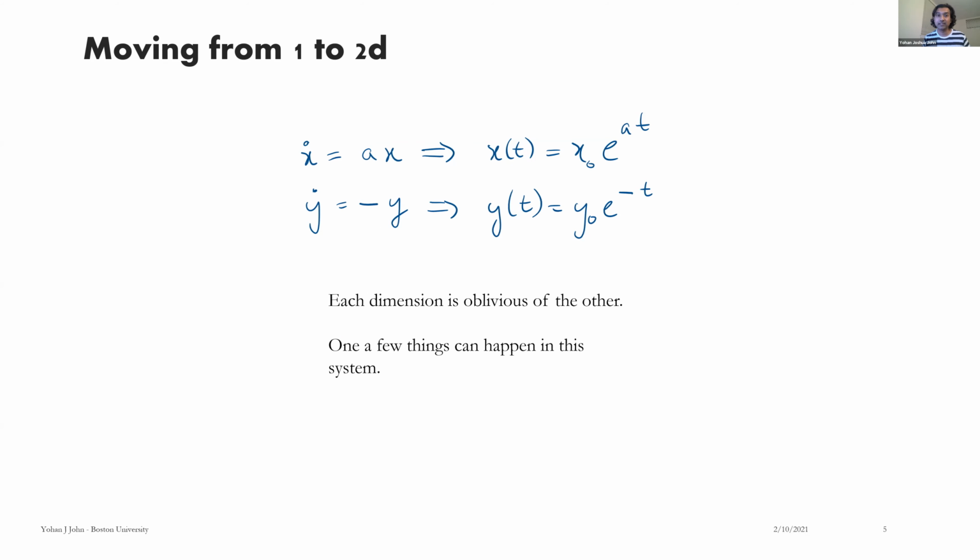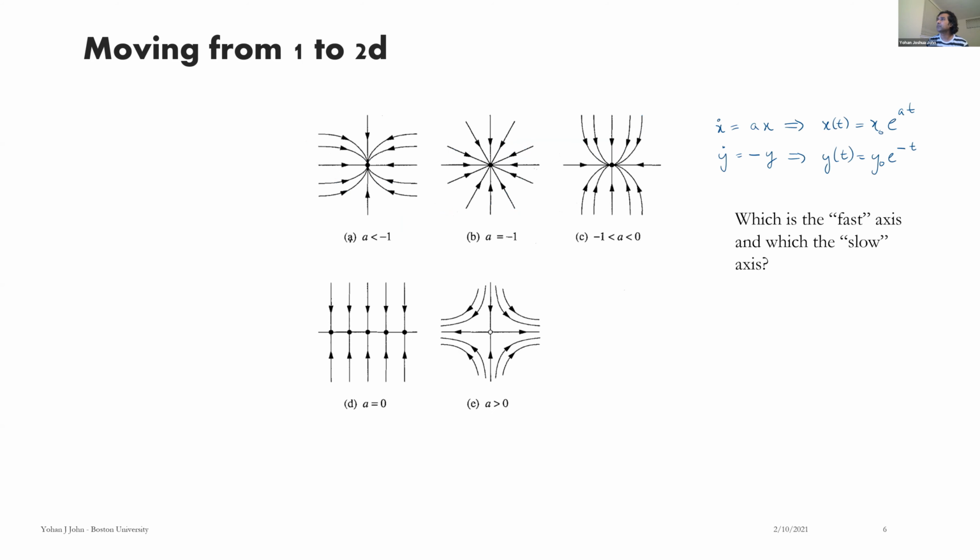They don't really interact with each other, and each dimension is oblivious of the other. So there's only a few things really that can happen, which we covered, and they're captured in these diagrams. And the thing to pull out and capture is which is the fast direction and which is the slow direction.